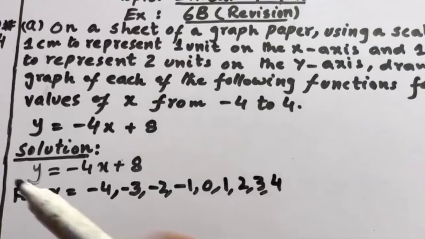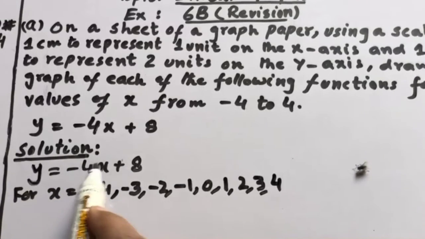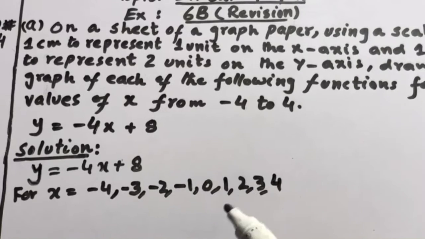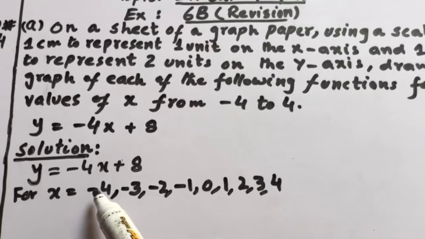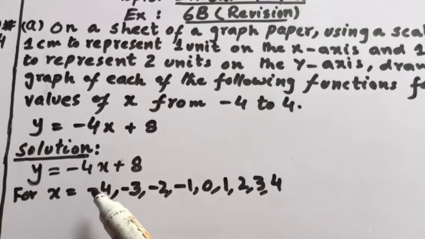Now we have to find the values of y from this equation by using the values of x which are given in the statement. So the first value of x is given -4, and now we have to find the value of y by using the value of x -4.